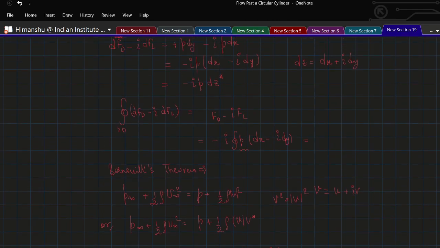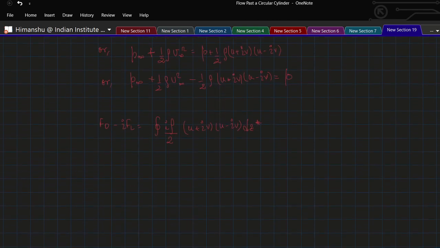This will be written as minus iota closed integral of p dz star, and we would get minus p infinity minus half rho U infinity squared together with the dz star.